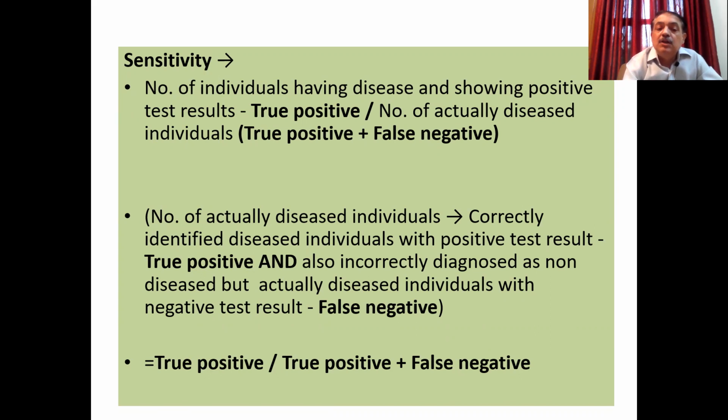So true positive out of true positive plus false negative, that is the sensitivity. So we can say it is the individuals having the disease and identified as true positive out of all the diseased individuals, whether true positive or false negative.